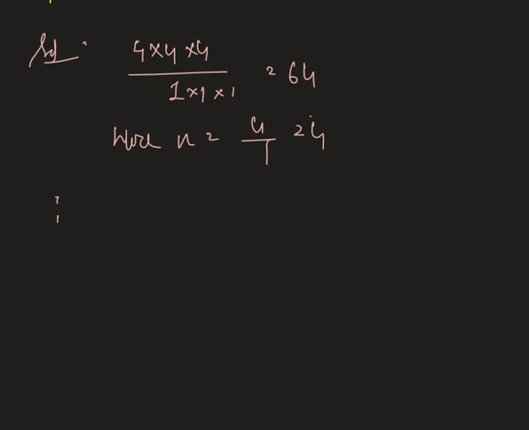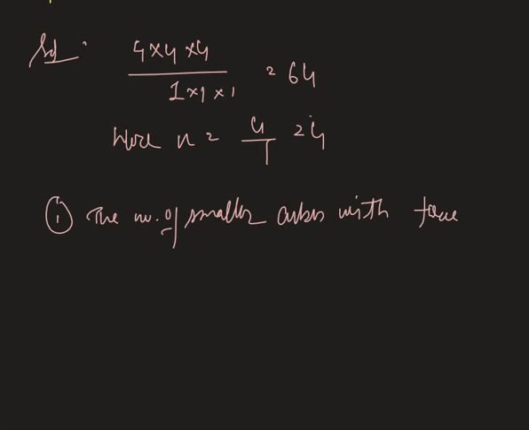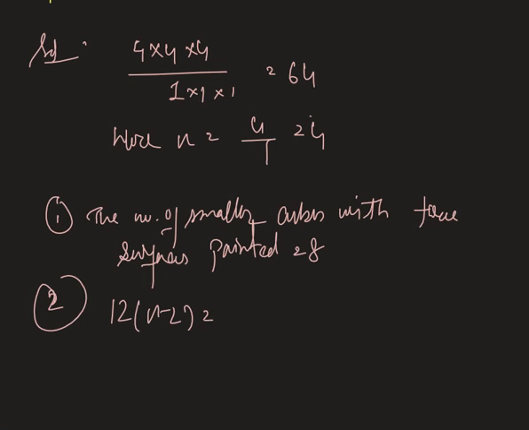The number of smaller cubes with 3 surfaces painted is 8. The number of smaller cubes with 2 surfaces painted is 12 into (n minus 2), which results in 24. And the number of smaller cubes with 1 surface painted is 6 into (n minus 2) square, which also results in 24.